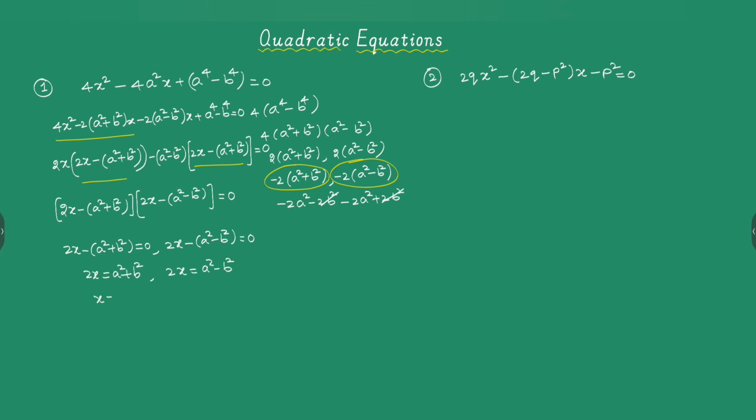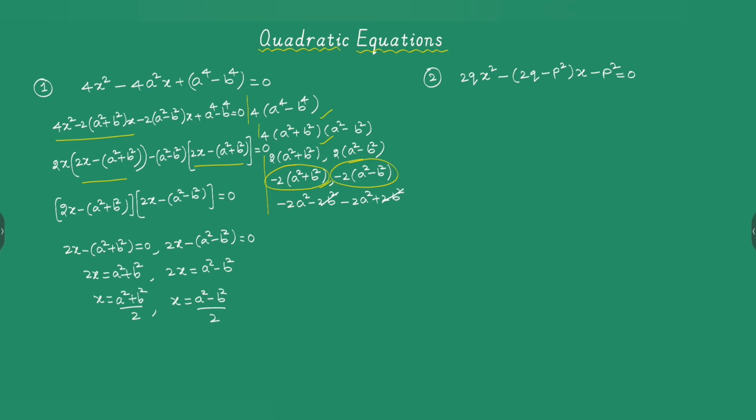So x is equal to (a square plus b square) by 2, and another root, x is equal to (a square minus b square) by 2. These are the two roots of the equation. In this problem it is important to find the factors. This part is important. If you know how to get the factors, then it will be easy to factorize it.